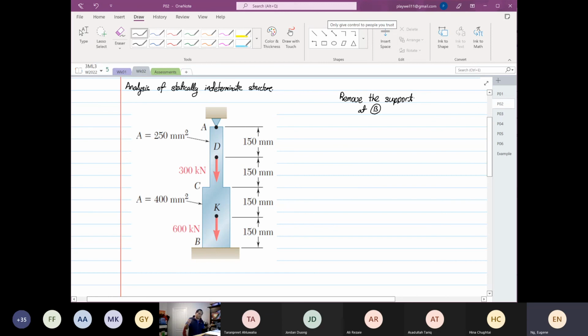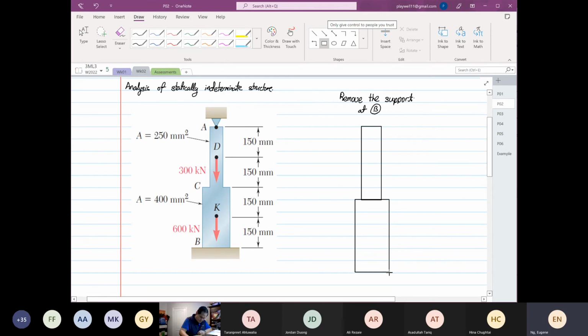So when we remove the support at point B, what's going to happen? I'm going to sketch. This is what's going to happen. And this is exaggerated, by the way.